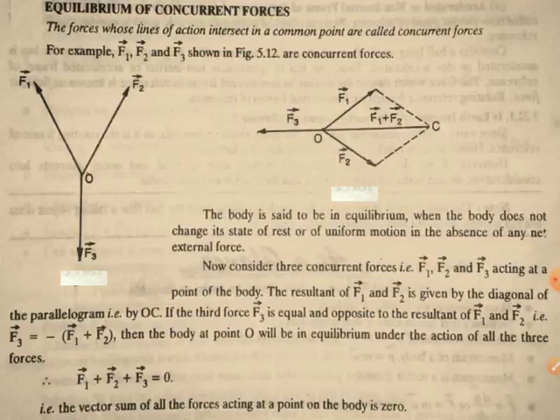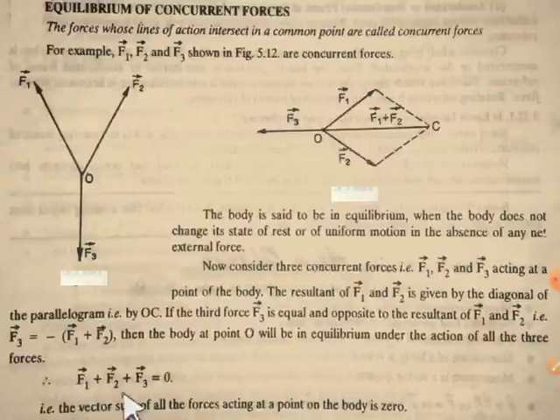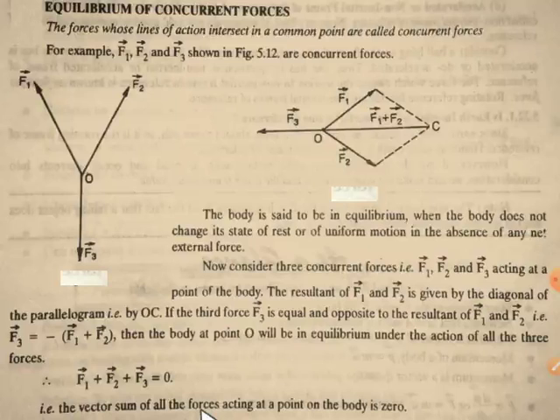Mathematically, the algebraic sum or vector sum carries the same meaning. Either you can say the algebraic sum of the forces or the vector sum of the forces must always be equal to 0.